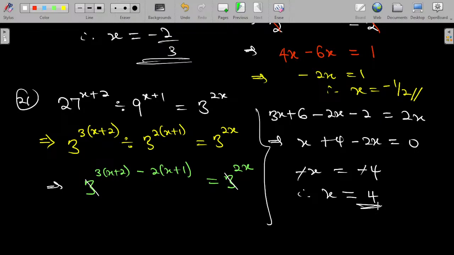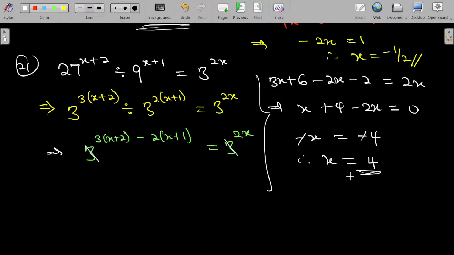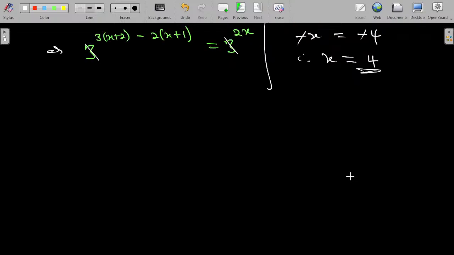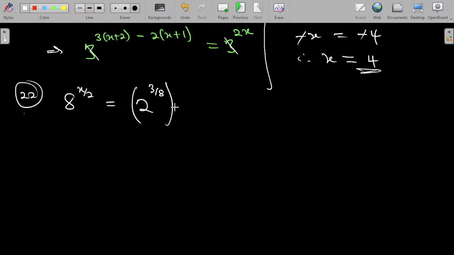That's number 21 or 22 now. Okay, number 22. Here we are given 8 to the power of x over 2 equal to 2 raised to the power of 3 over 8, multiplied by 4 raised to the power of 3 over 4.